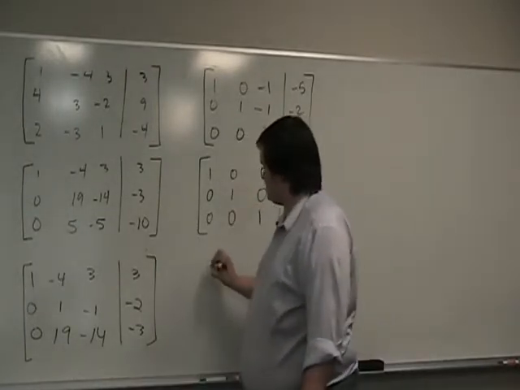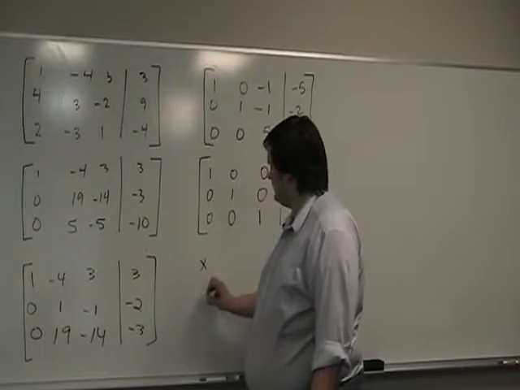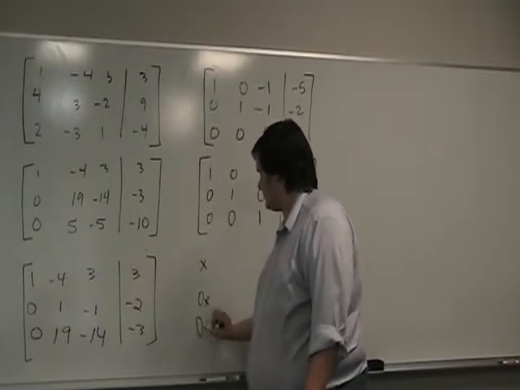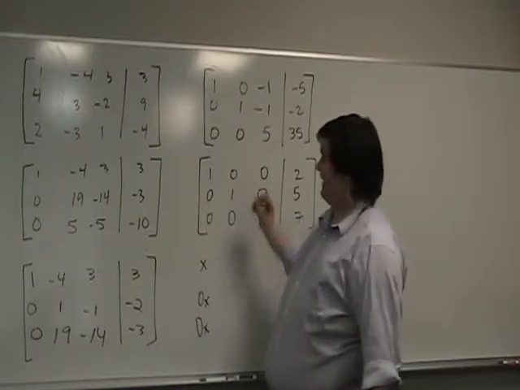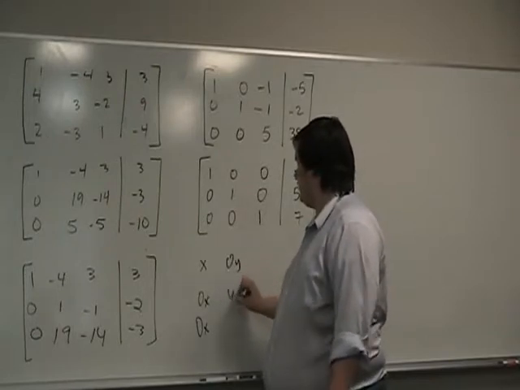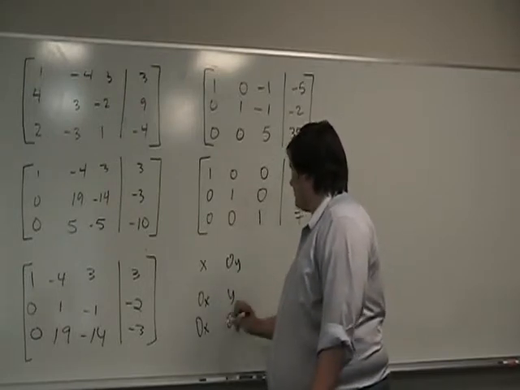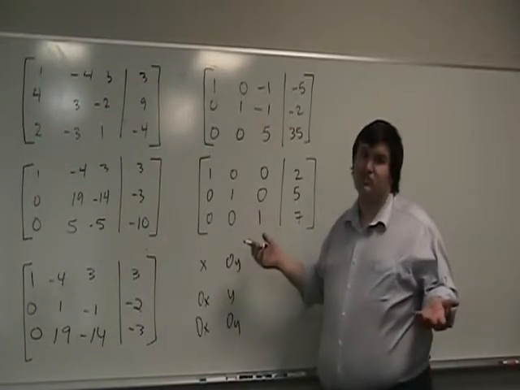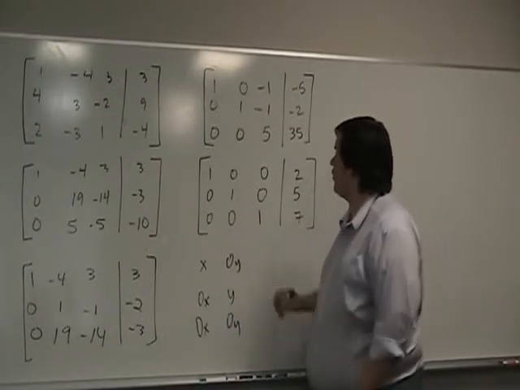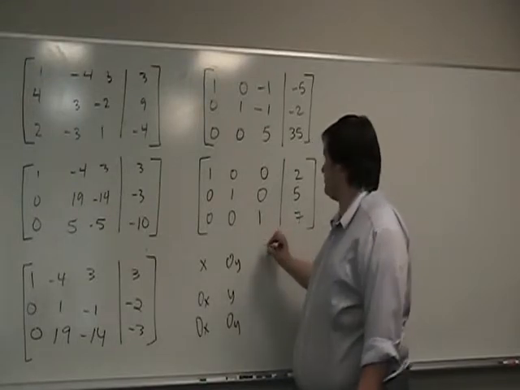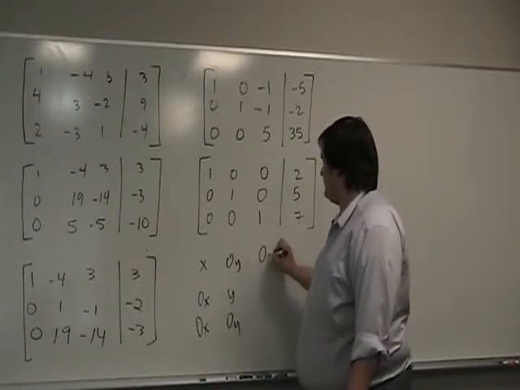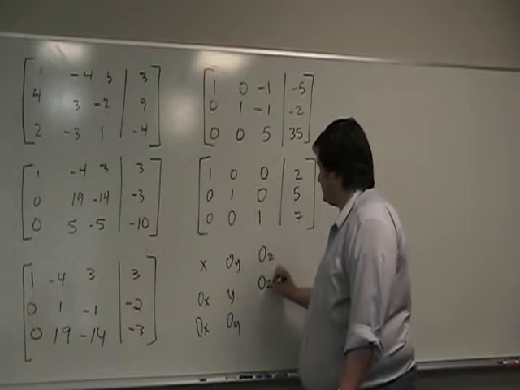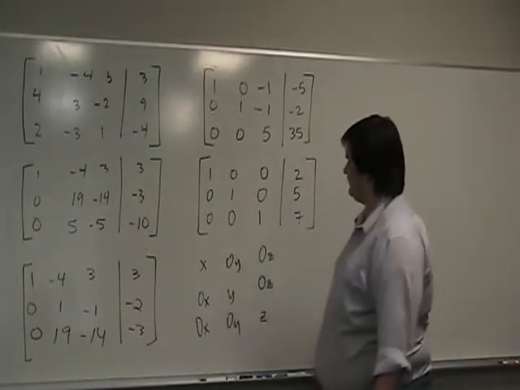So we have the first column is x: x, 0x, and 0x. Then we have y: 0y, y, 0y. Now you'll notice I put y. 1 times y is just y. I didn't say 1y. You can, but you don't need to. Then we have 0z, 0z, and z.